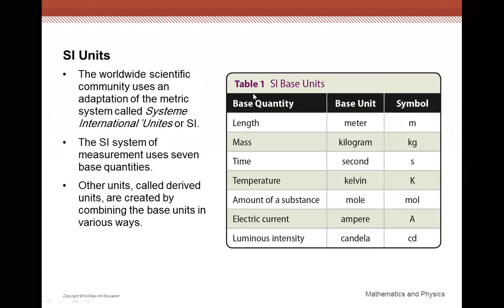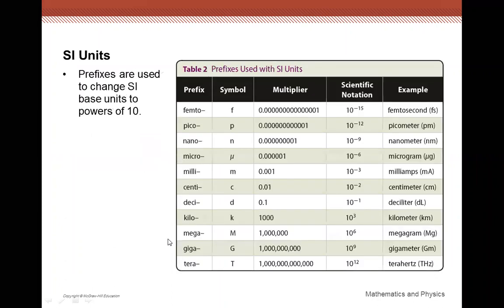So this is how physicists use the metric system to express their values or quantities. But some units are too small to be written in meters or seconds. For example, the radius of an atom is too small to be written in centimeters, meters or kilometers. So they use the unit picometer.